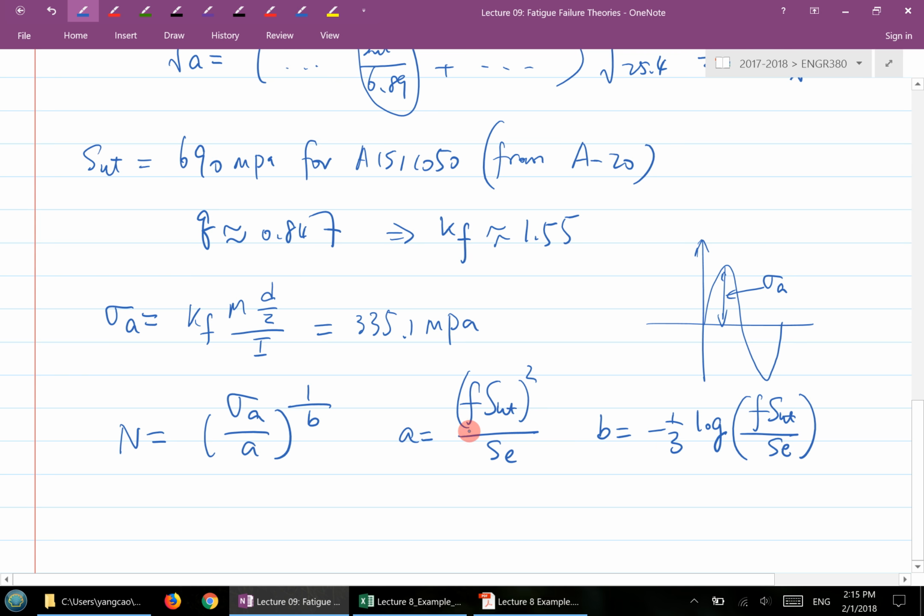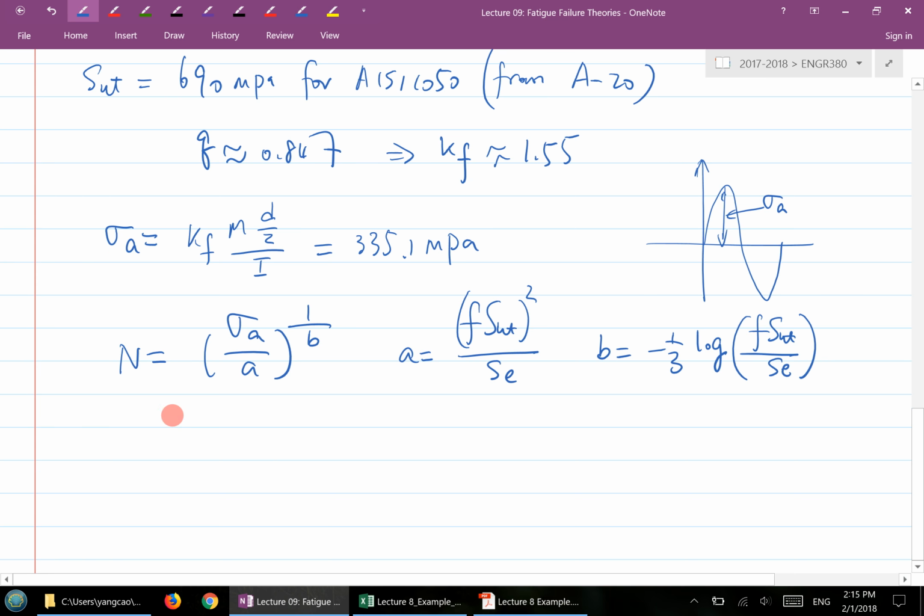And f is called the fatigue strength fraction, right? So that can be found from our table. So first of all, let's find f. Sut, as we said, is 690 megapascals, and that's approximately 100 ksi.